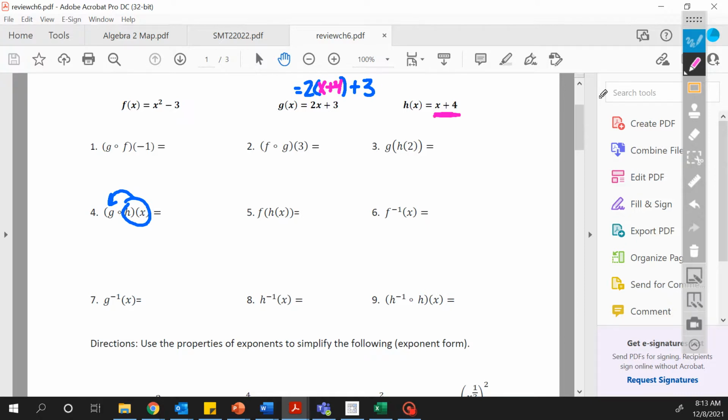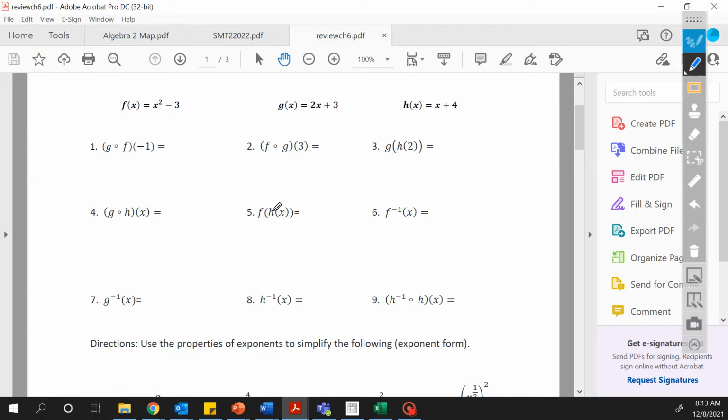Then we just need to simplify it to put it in standard form. So 2x plus 8, using the distributive property, plus 3, combine like terms, 2x plus 11. So the composition g compose h is 2x plus 11. That's an actual function.